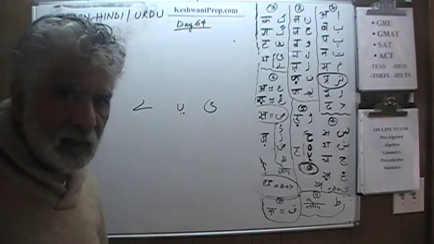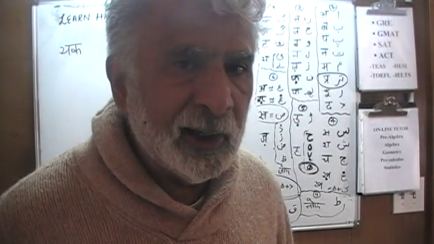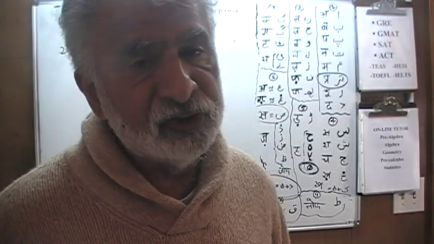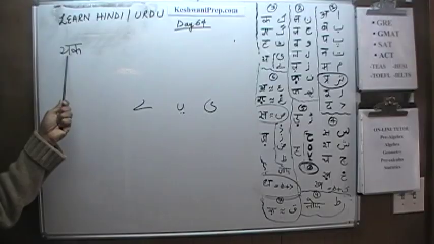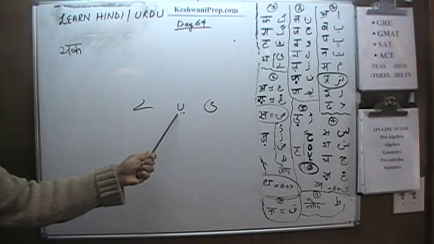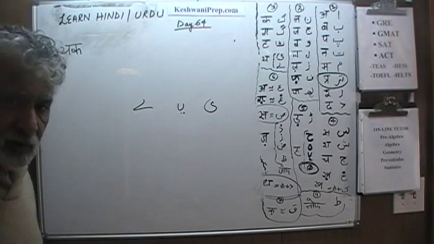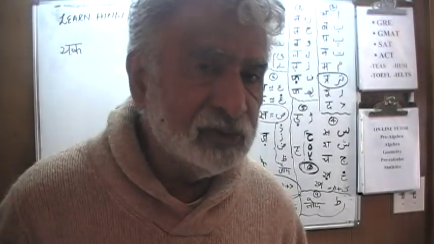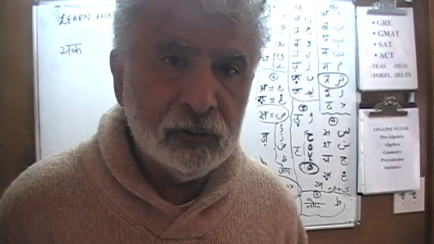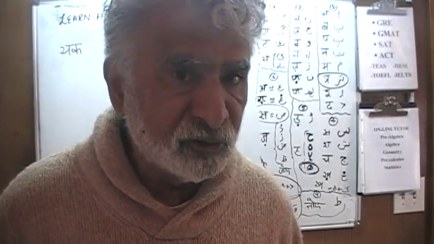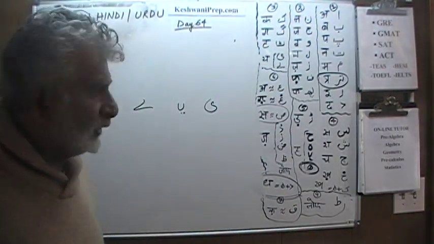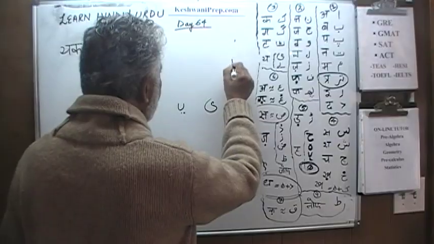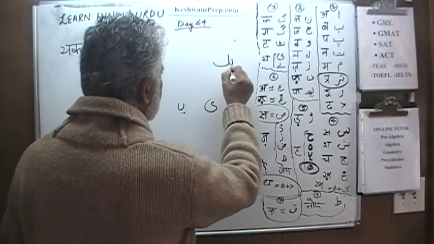But every once in a while, the spelling of the word is such that we actually need the letter ye, just a sound ye, which is what's going on here. As you can see, there is no matra here, it's just a letter. So here we are using ye simply as a letter, and because it is being used simply as a letter, it loses the distinction of being a choti ye or badi ye. Do you understand? It's just ye, to which we could join the ka.